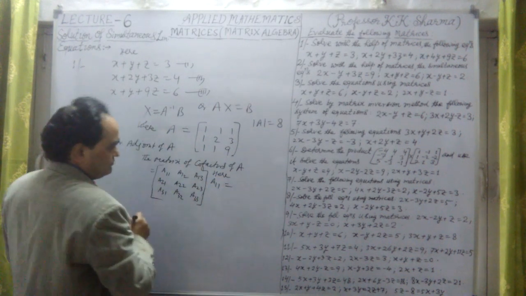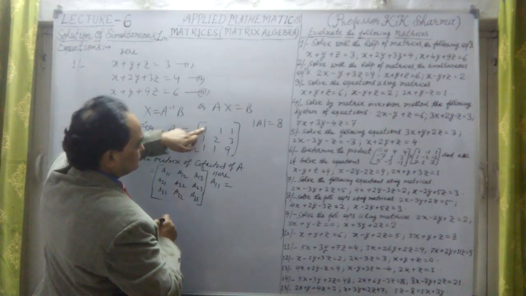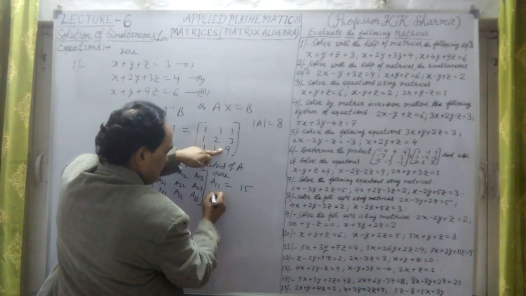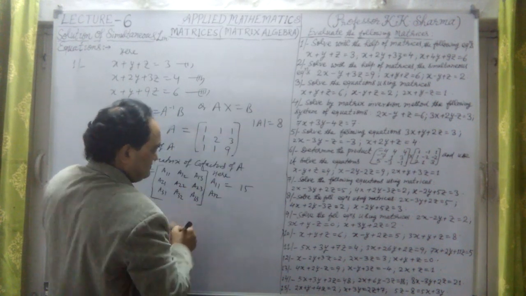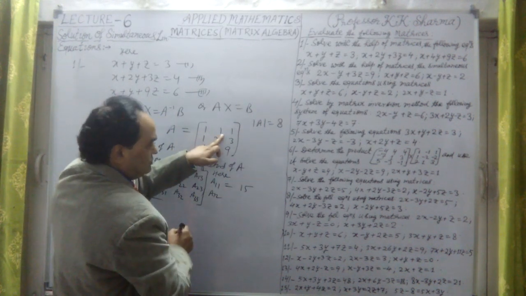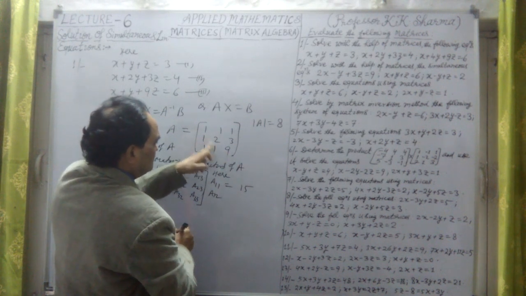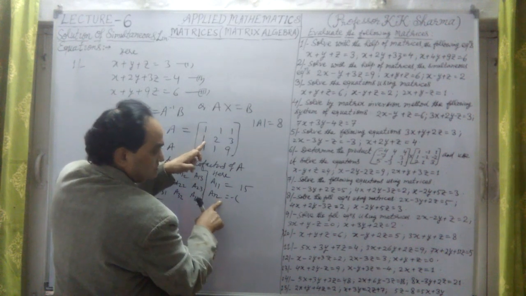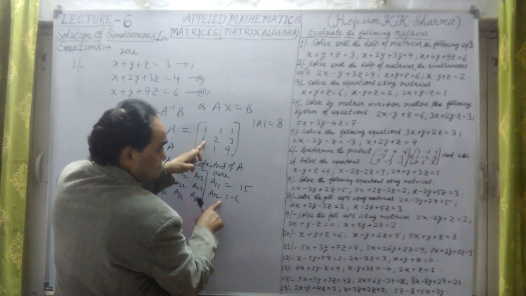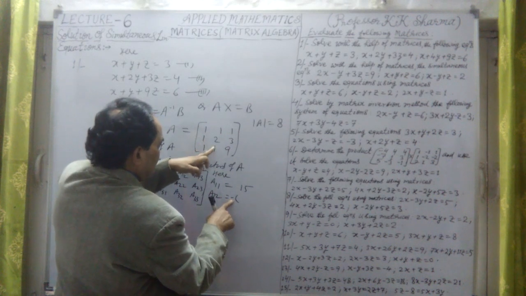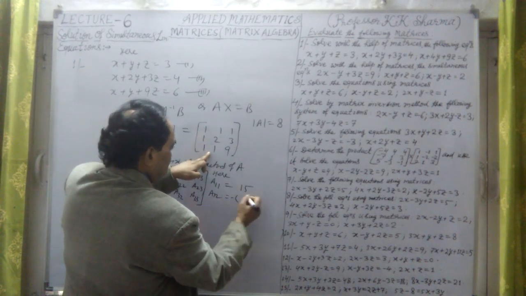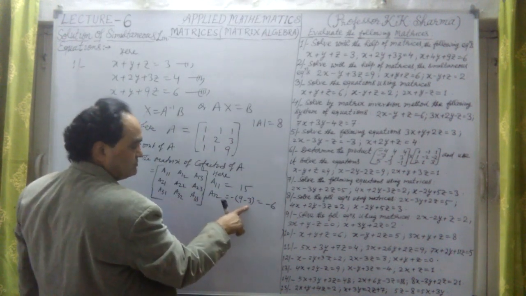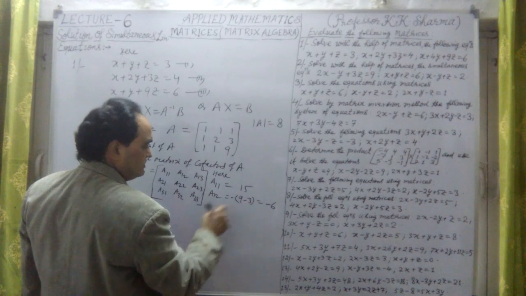A11 equal to the cofactor of 1. It is 9 times 2 is 18, 18 minus 3 is 15, positive 15. Then A12: 9 times 1 is 9, with a negative sign because 1 plus 2 is 3. 3 minus 1 is 4, 3 is minus 1 with minus sign, 9 minus 3 is 6, but with the minus sign it is minus 6.